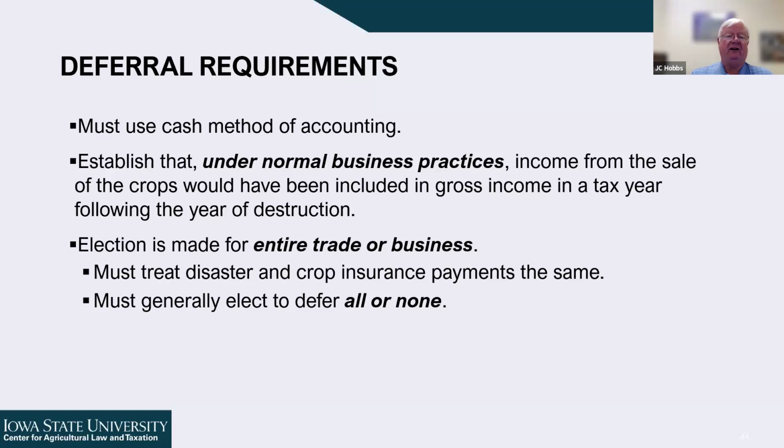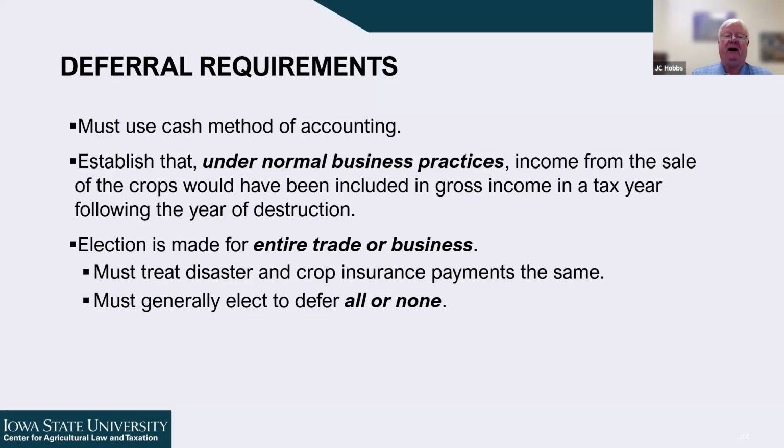Whereas if it's accrual based, it's reported in the year that it actually applies, whether or not you receive the cash. So with cash method of accounting, you report cash income when you receive it. You report cash expenses when they are paid. Like I said, more than 98% of our farmers apply to this.